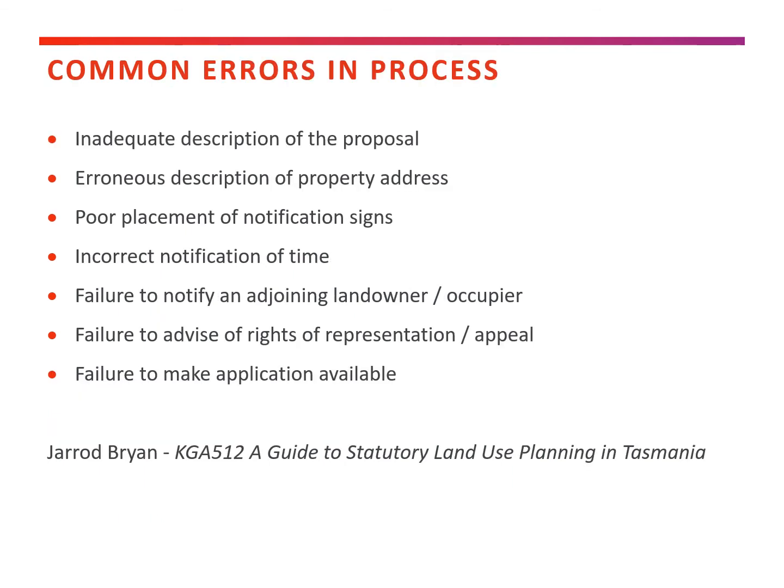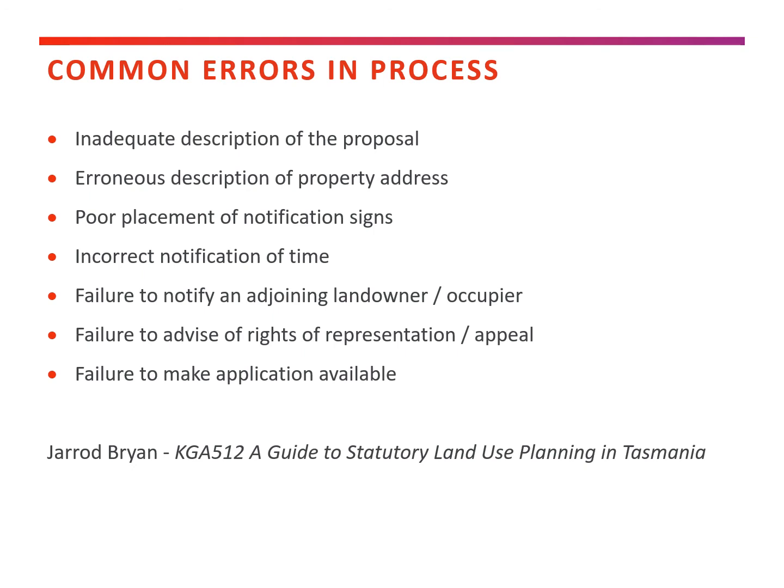And just to remind you down the bottom here, Jared, who is the Registrar of the Resource Management and Planning Appeal Tribunal, is the person who wrote the Guide to Statutory Land Use Planning in Tasmania. The link is under the key resources in Milo. And so this is from his information about the reason that he ends up seeing you in appeal, because maybe as an expert planner you have made mistakes, and this is some of the common errors that are made on the council side that land them in appeal: the description of the property was inadequate.